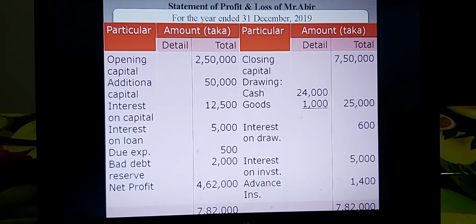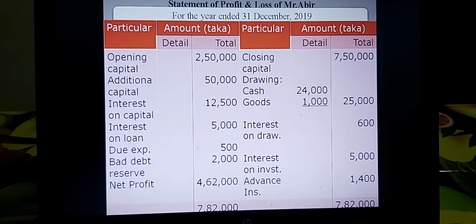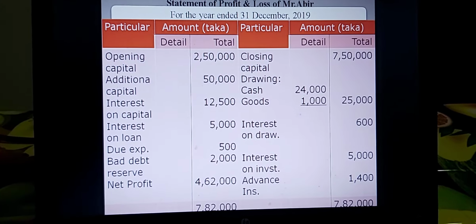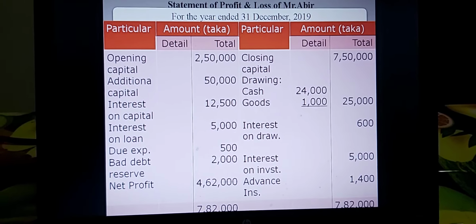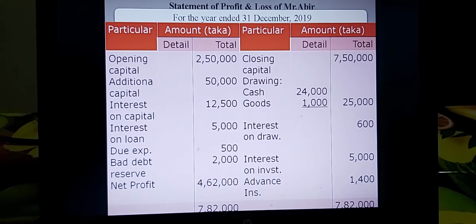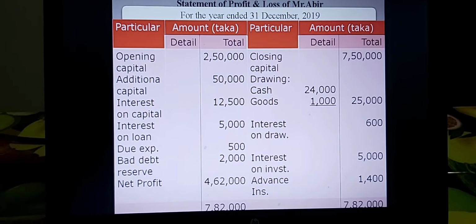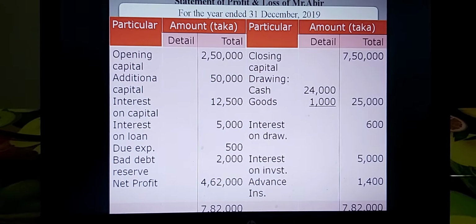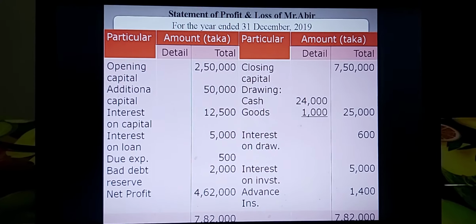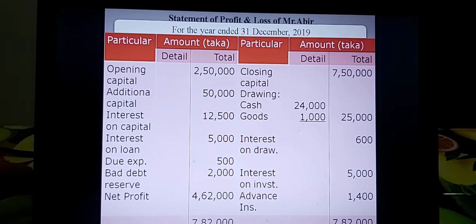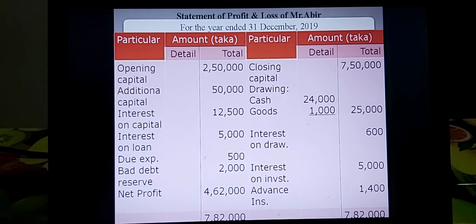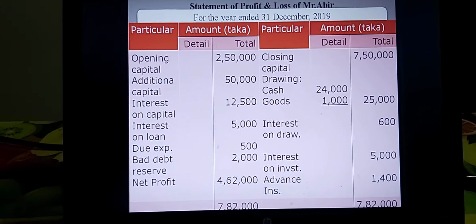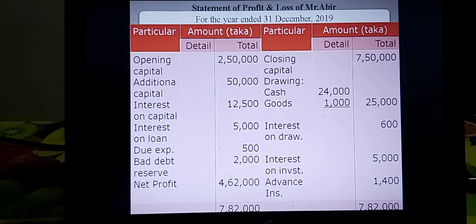And now you have to go to the right side, the third amount of this statement, interest on drawings. Dear students, you know from the beginning of accounting, interest on drawings is always to be charged on cash drawings, and without information, interest on drawings is to be charged for 6 months.